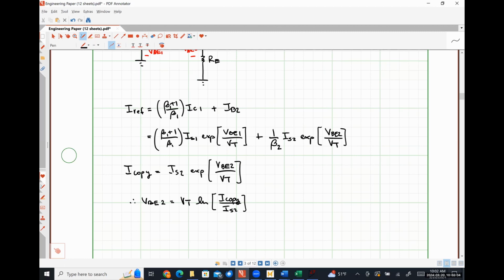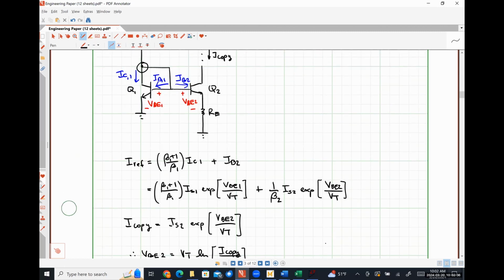All right, I'm about to do some logical hand waving here because the math is going to get terrifying if I keep on this route. So let's think about a couple of things. The base emitter voltage VBE1, will it be larger, smaller, or equal to VBE2? It will be larger, right?